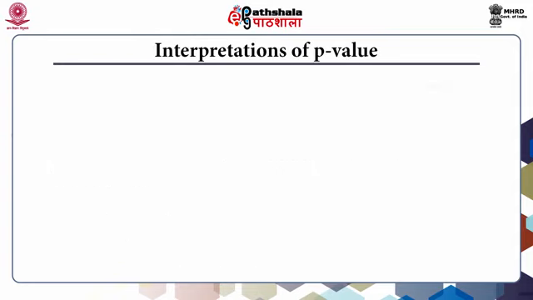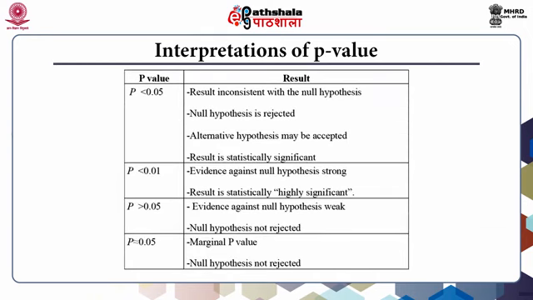Interpretations of p-value. P-value less than 0.05 means result is inconsistent with the null hypothesis, the null hypothesis is rejected, alternative hypothesis may be accepted and the result is statistically significant.